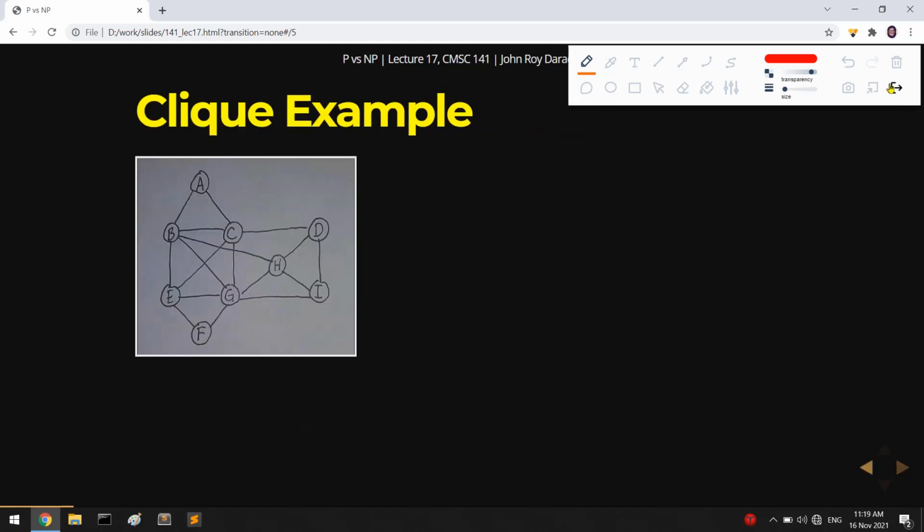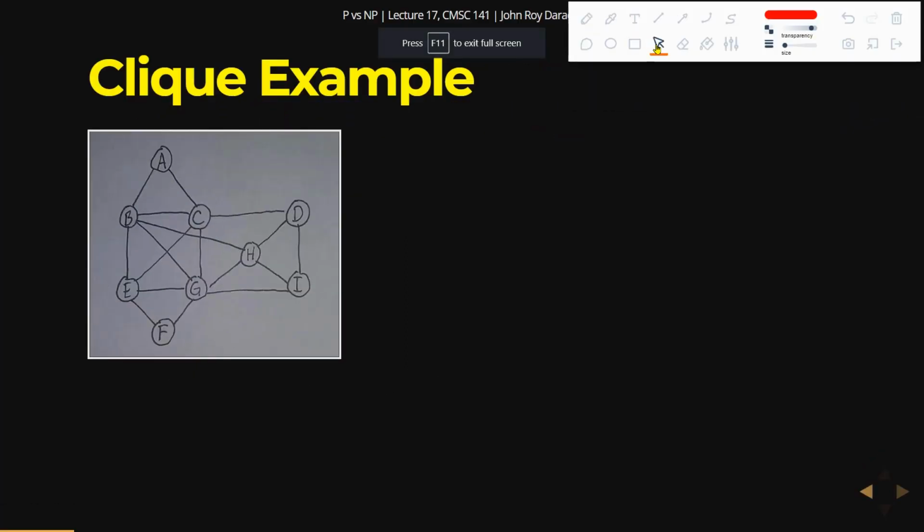Next, we had the clique example for Bob, and the problem here was that the nodes this time are genes, and if the genes are linked together by an edge, that means that they can work together. Bob's problem was to find the largest group of vertices such that all of them were connected to each other. So we call that a clique.